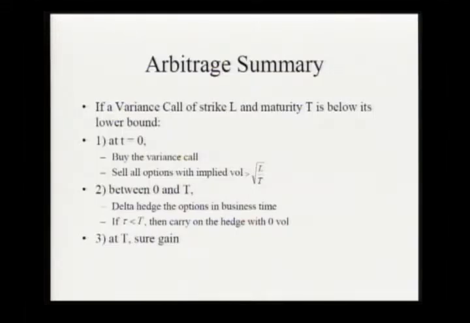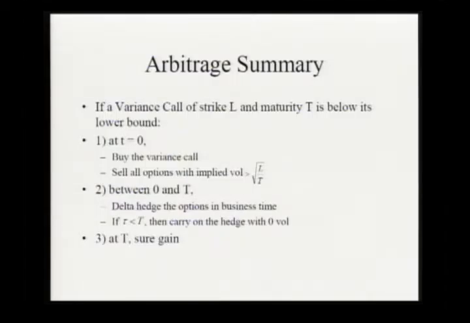If you find a cheap one below the lower bound, you buy it, you sell all the options with implied volatility greater than this, and between today and the maturity of the option, you delta hedge those options in business time, so the delta is computed with a volatility parameter that depends on how much variance has been realized so far.